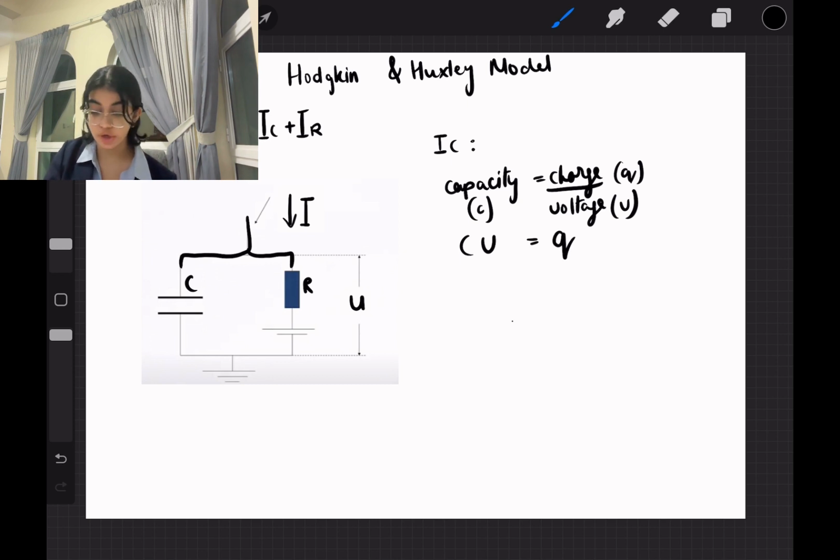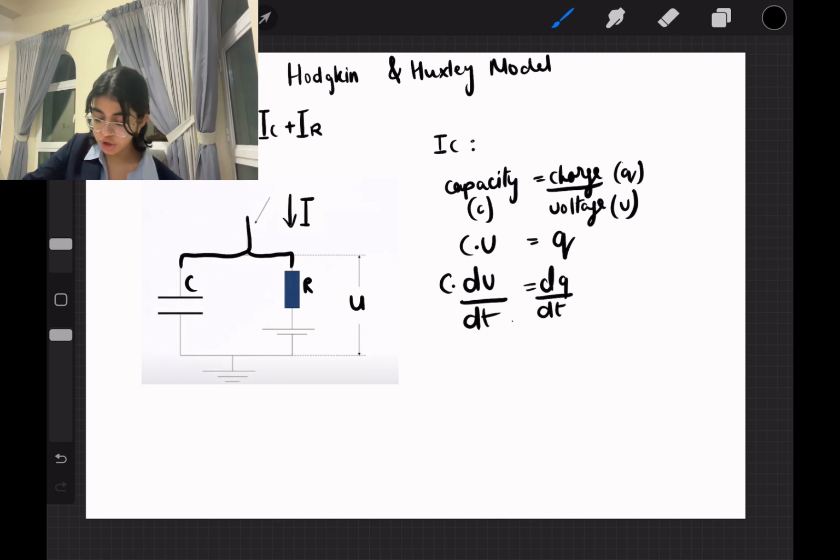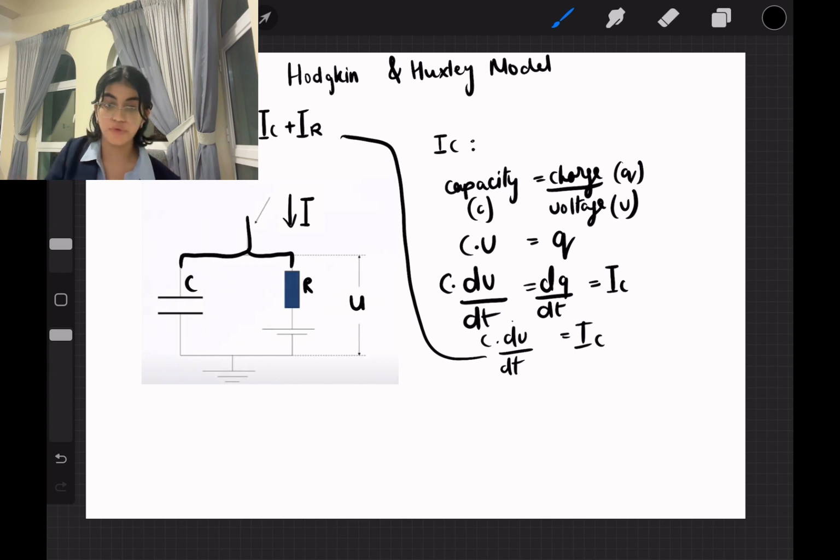And to find current from this equation, we can differentiate the charge with respect to time, as charge over time is current. So IC would equal C times dU by dt. This can be input into the total current equation once we have both the answers to IC and IR.